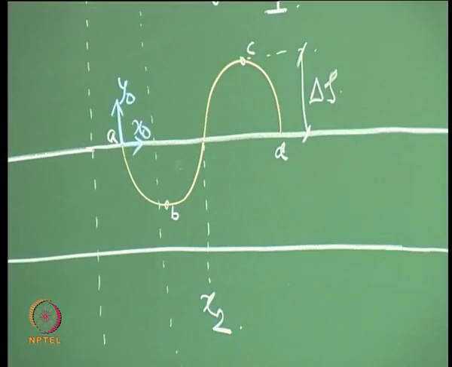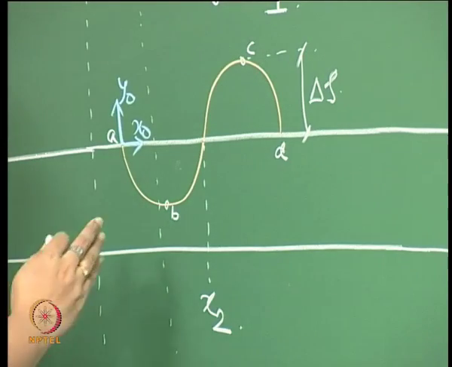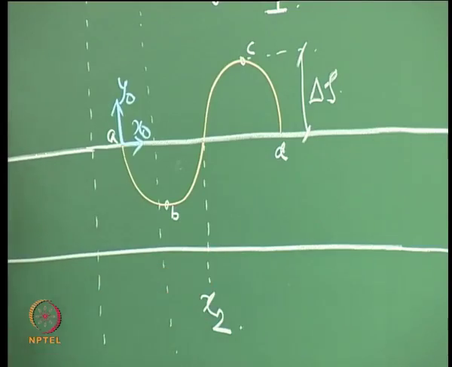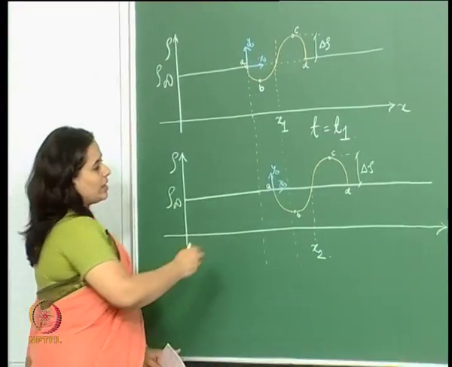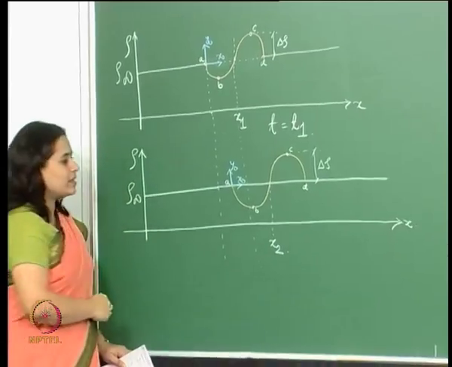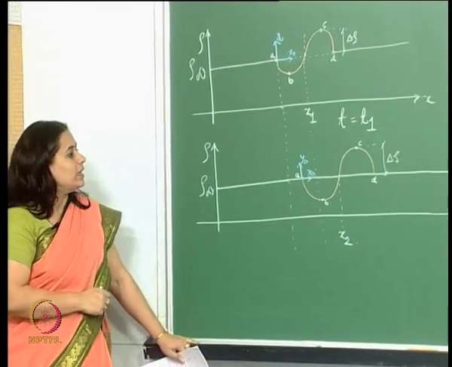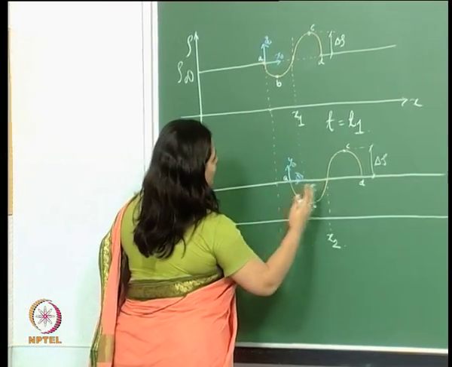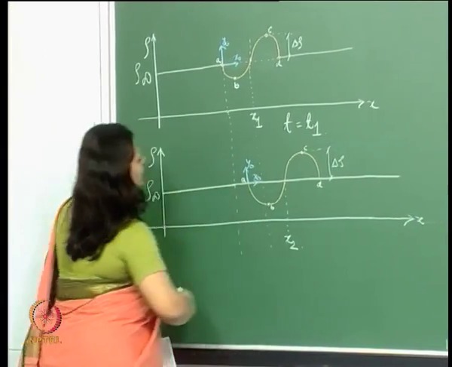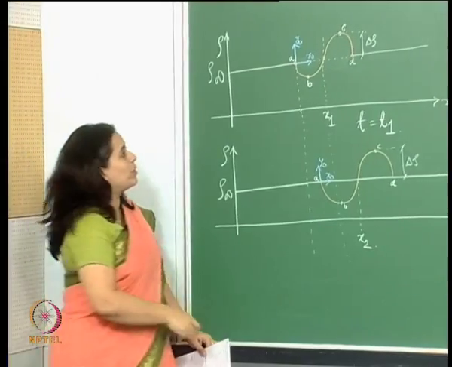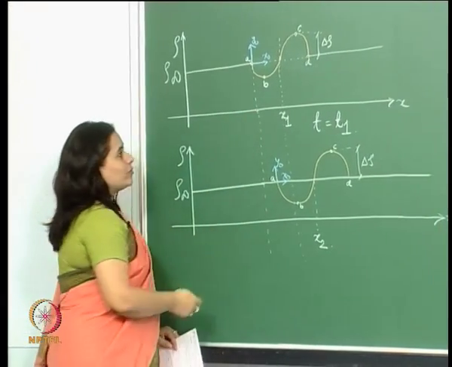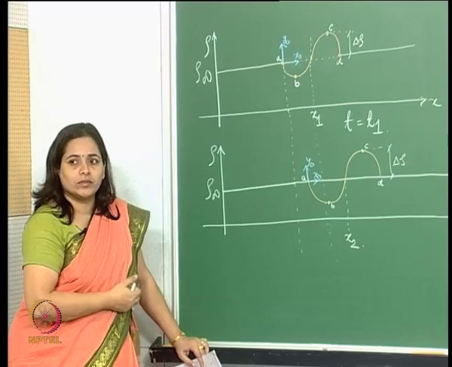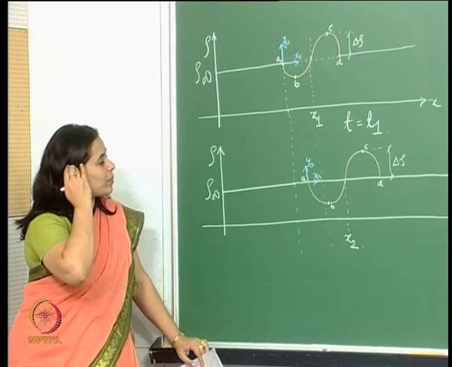So, as I move along x, I see this happening. I just reproduce exactly the same thing, except that it is slightly further down, away from where it originally happened in the flow.